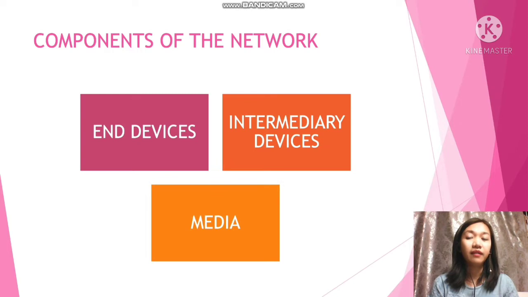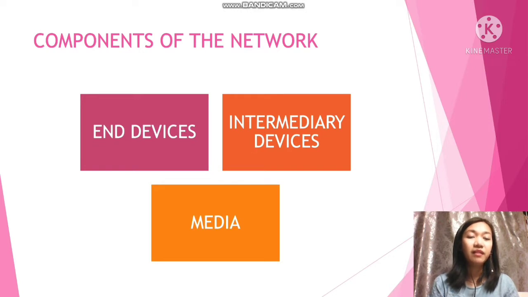The components of the network are the following: end device, intermediary device, and media. When we say end device, it is a source or destination device in a network system. It originates the data that flows through the network.